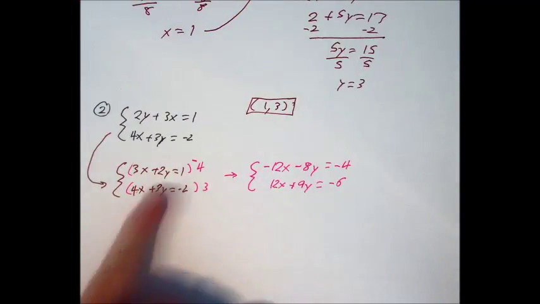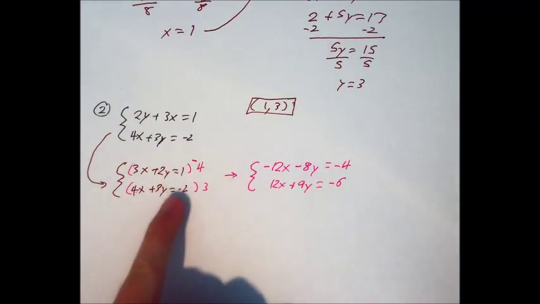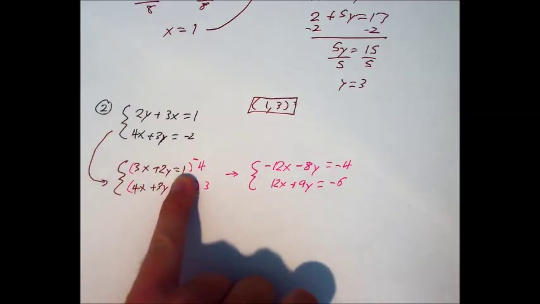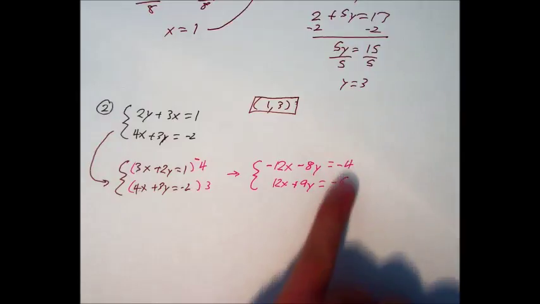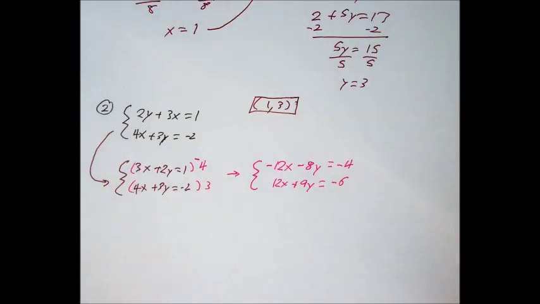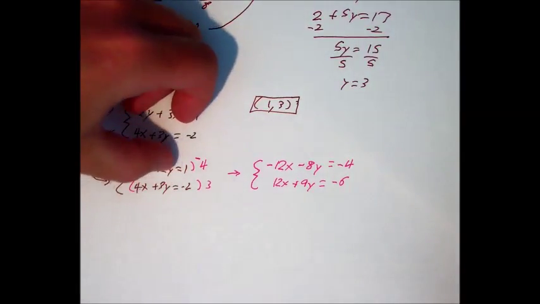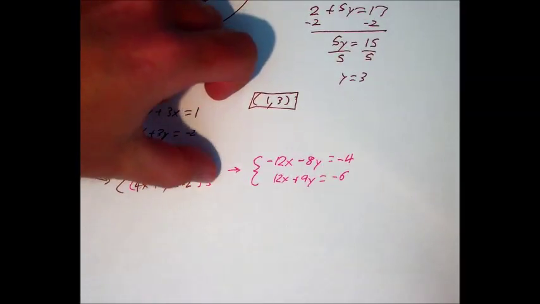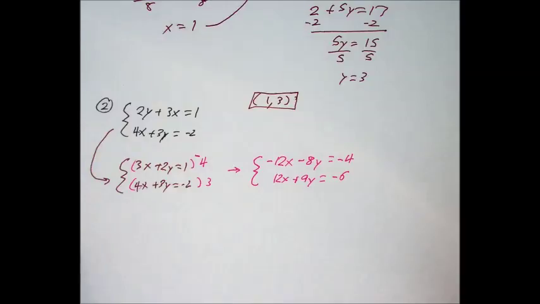Perfect. And always double check to make sure that you distributed. A common mistake here is forgetting to multiply the right side by the number also, so making sure that you have those values in there. If I wanted to cancel the y's, notice a 2 and a 3 both goes into 6. So I could have multiplied this by a -3 and a +2 if I wanted to cancel the y's instead.